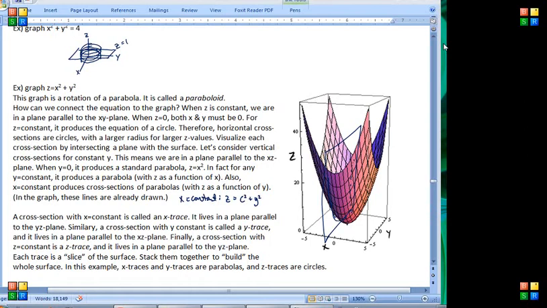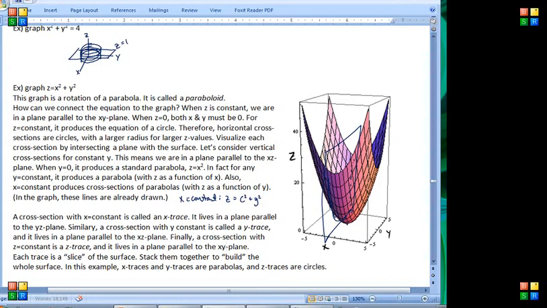And a cross-section with z equal to a constant is a z-trace that lives in a plane parallel to the xy plane. So in this example, x traces and y traces are parabolas, and z traces are circles.